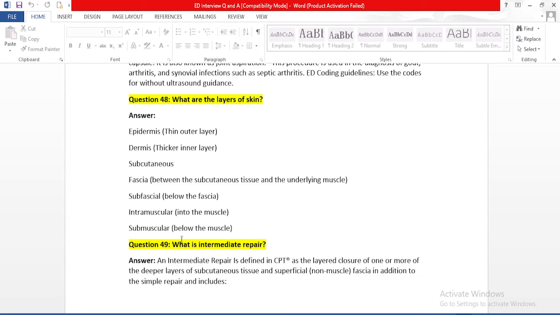Our CPT codes for excision depend on epidermis, dermis, and subcutaneous levels, and under the subcutaneous level, fascia, subfascial, intramuscular, submuscular, which all come under soft tissue tumor resections, like soft tissue excisions. So these three come under normal. These four come under soft tissue excisions.